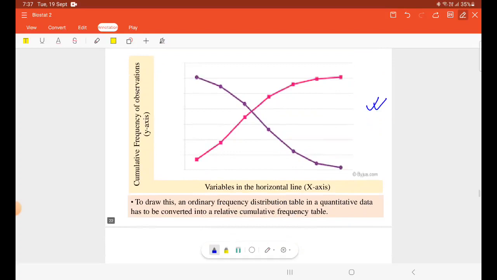To draw this, an ordinary frequency distribution table of quantitative data has to be converted into a relative cumulative frequency table. So here we shall consider the cumulative data as the observation advances. We shall keep on adding the frequency and we shall be plotting the cumulative frequency on the graph.